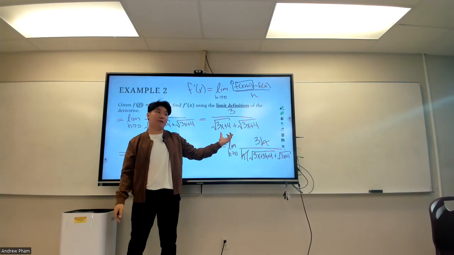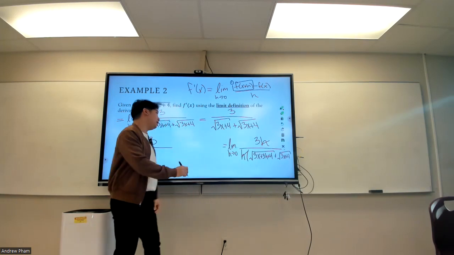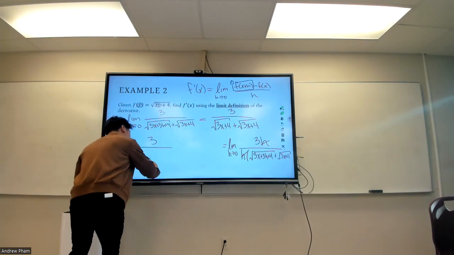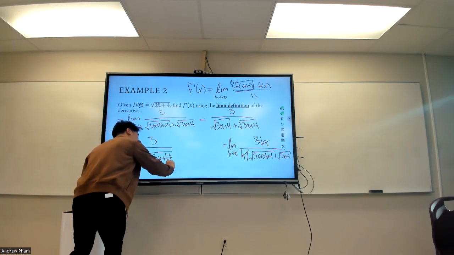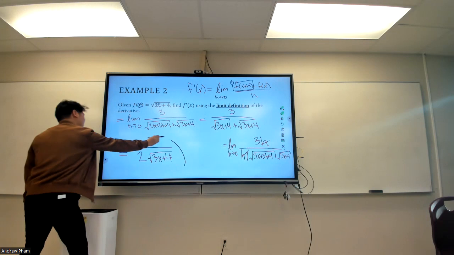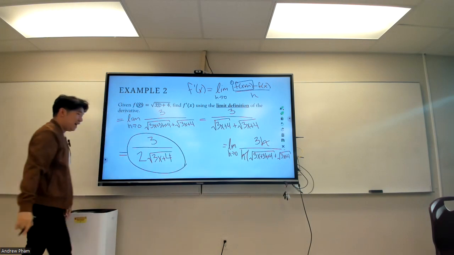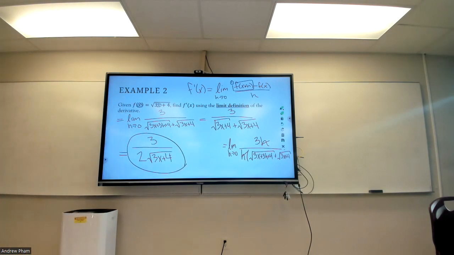Well, if I have the same square root plus the same square root, it's going to be 2 square roots of 3x plus 4. We have our big old complicated derivative using a lot of algebra mental power.